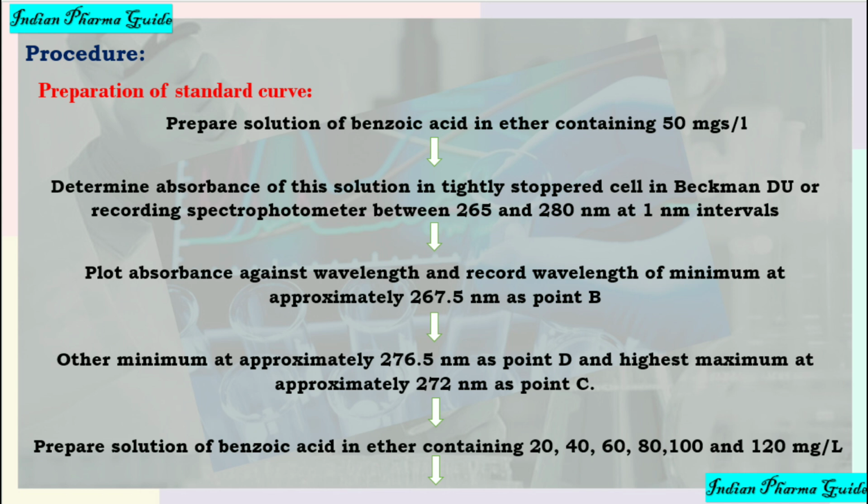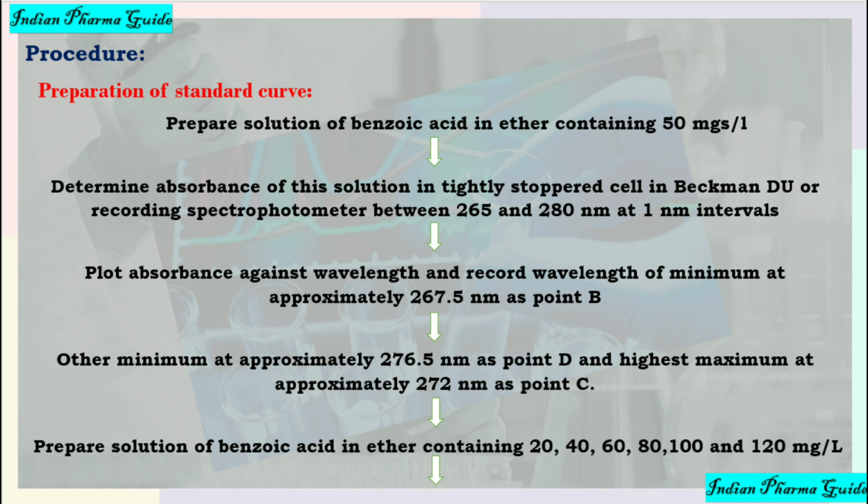Record the wavelength of minimum at approximately 267.5 nanometers as point B and the other minimum at approximately 276.5 nanometers as point D, and the highest maximum at approximately 272 nanometers as point C.